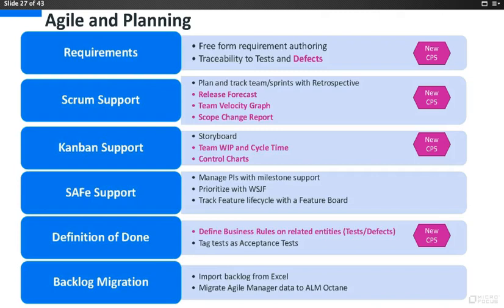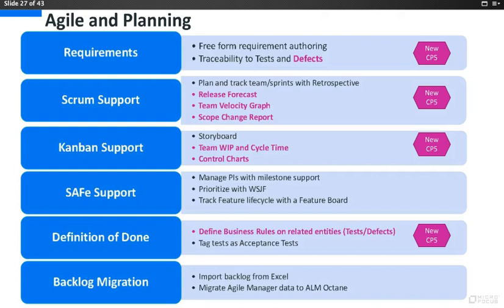You can prioritize items with the weighted shortest job first priorities, and you can track the feature lifecycle within the feature board that we have, again, fully configurable to align with the various stages or phases that your organization is utilizing. In the future, this support will be enhanced also to support what is called the solution layer in SAFe 4.5 for those of you who are familiar with the framework.